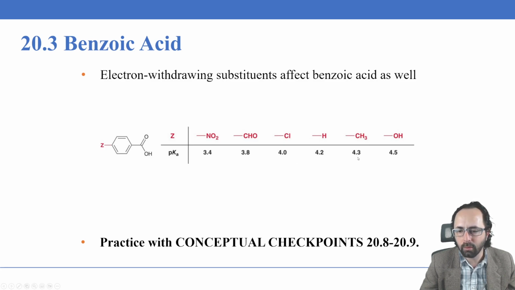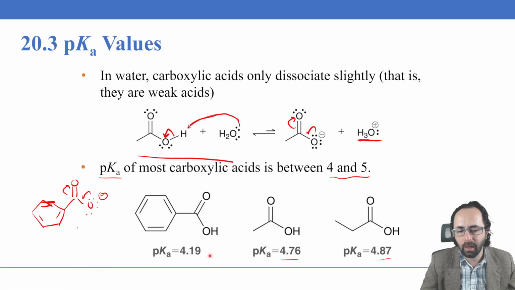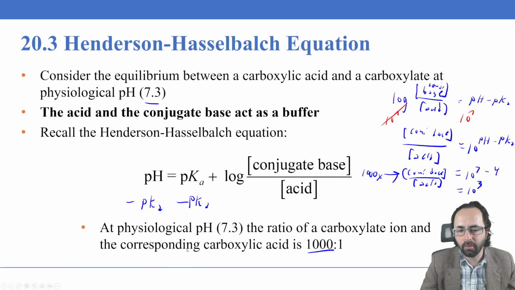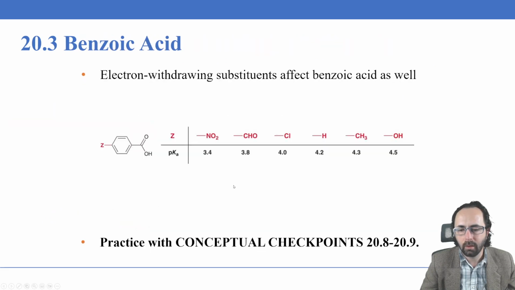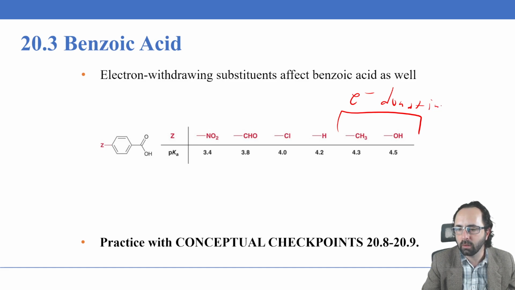When we look at methyl groups and oxygen groups, they are not electron withdrawing, they are electron donating. So they tend to not affect that as much. If we go back here, the pKa of the benzoic acid was about 4.2 by itself, right? That's what this one right here, a hydrogen, shows. If we have an electron donating group, that reduces the stabilization of the negative charge.